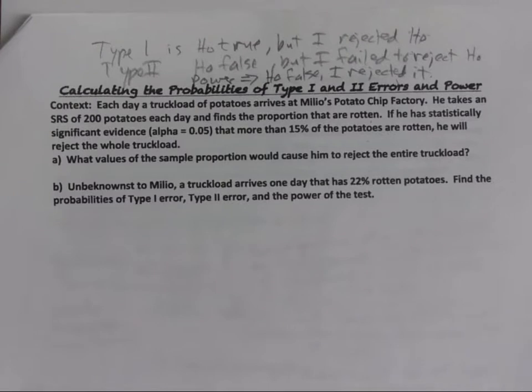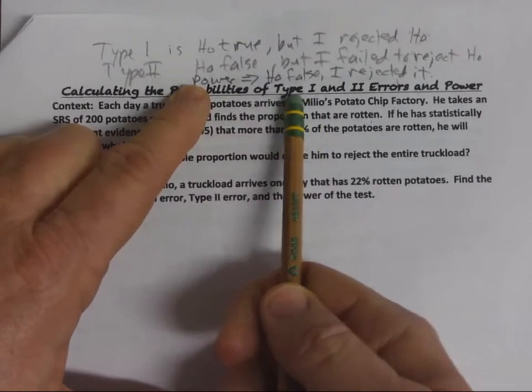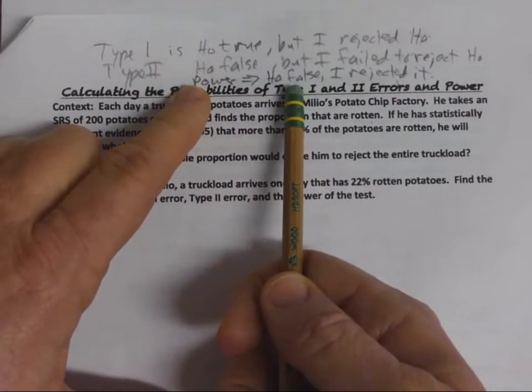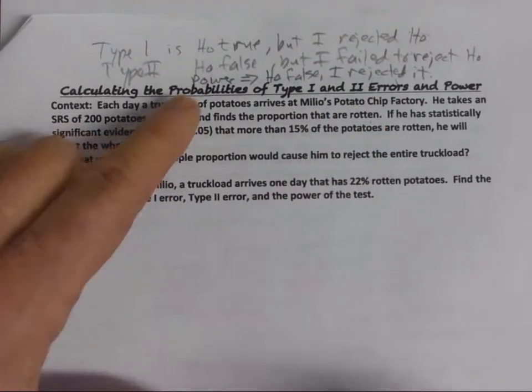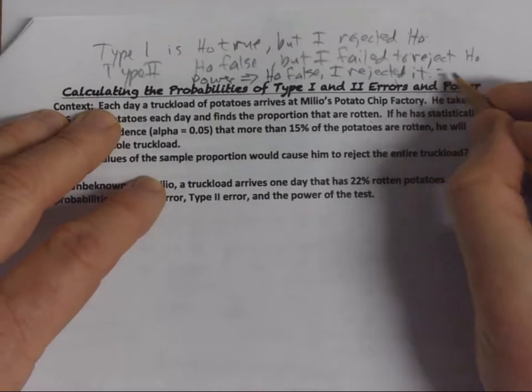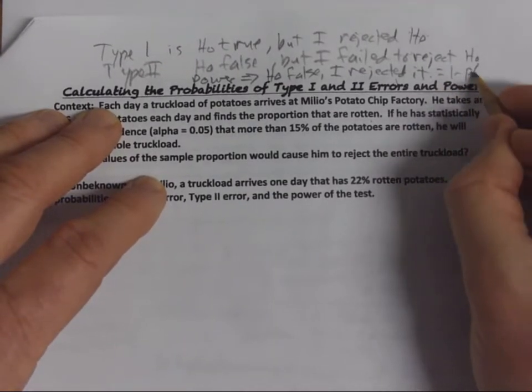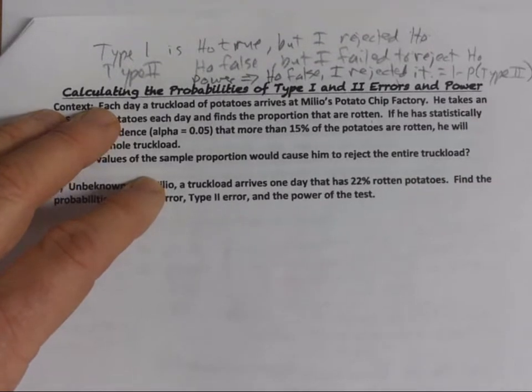The way I think about power is Superman. What does Superman do? There's bad things that happen, and Superman shows up and gets rid of the bad things. Power, Superman has power. In other words, we got bad stuff, a false null hypothesis. We need to get rid of it. Well, that's what Superman would do, and that's what power does. He rejects it. And it is, by the way, always equal to 1 minus the probability of type 2 error, which we're about to calculate.